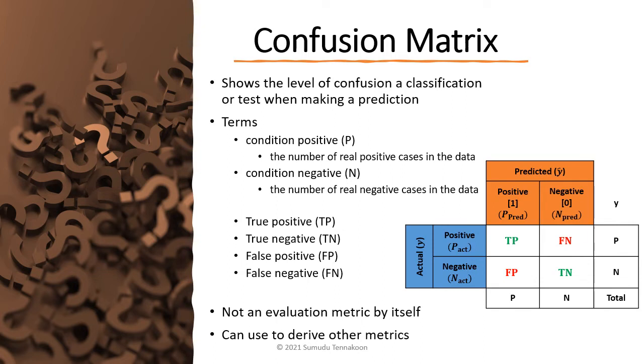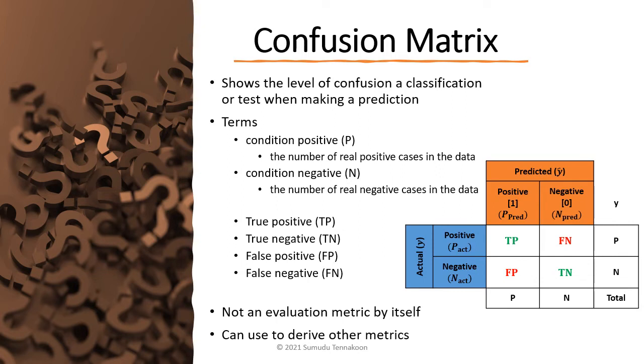P and N indicate how many positive cases and how many negative cases there are in a given sample, and also from your model prediction. Like we discussed, let's explore the terms true positive, true negative, false positive, and false negative. Right, like you see in this diagram, in green there are good predictions. In red, false positive or FP and FN, false negative, are bad predictions.